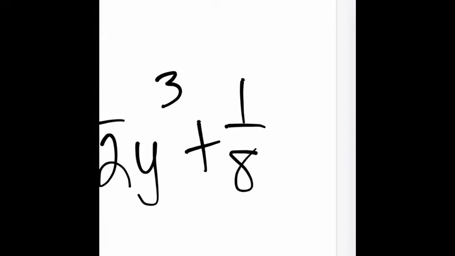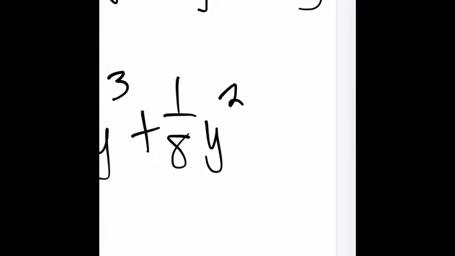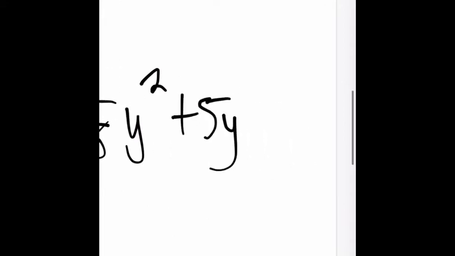Plus 1/8 y squared, because the 1/4 y would just add 1 to the exponent, which makes it squared, and then you multiply the denominator by 2, which makes it 1/8, plus 5y, since you're just adding a y there.